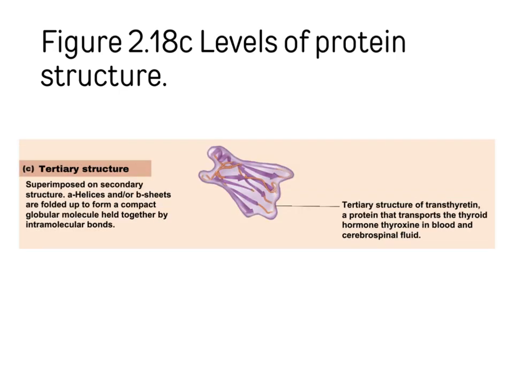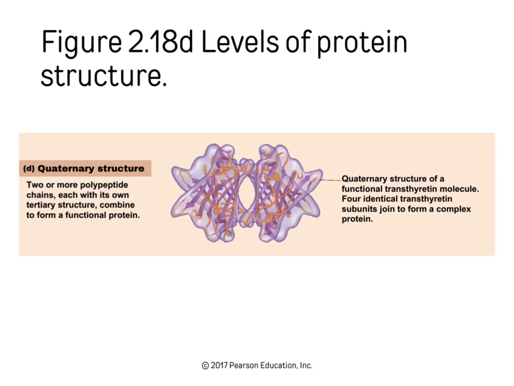When those zigzags and pleated sheets and helices come together, we're looking at tertiary structure. So that's where we have interaction among those secondary structures, and we start to see more of a globular shape. And some proteins stop here. Some don't make it to this quaternary structure, where you have 2 tertiary polypeptide chains come together to create a functional protein that has a specific shape.